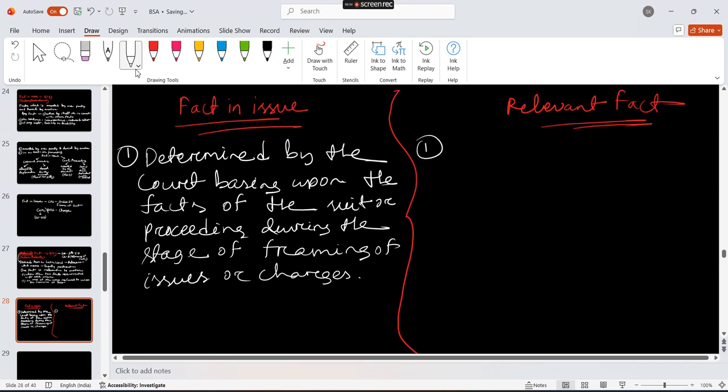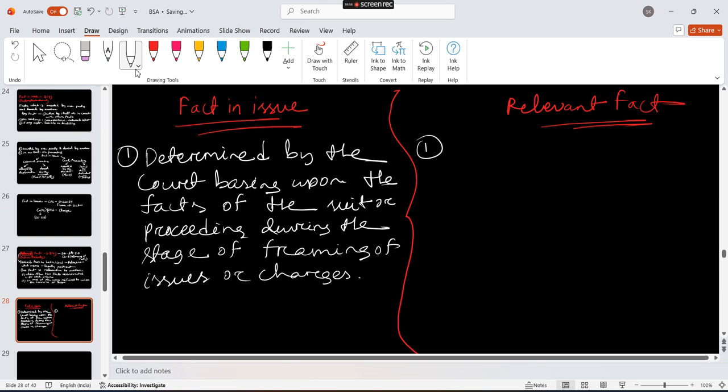Okay. So what is the relevant fact? Relevant fact is considered by the court. It is not determined. It is considered by the court to support or to deny the fact in issue during the trial of the suit or case. As I told, whether A stabbed B, it is a fact in issue.